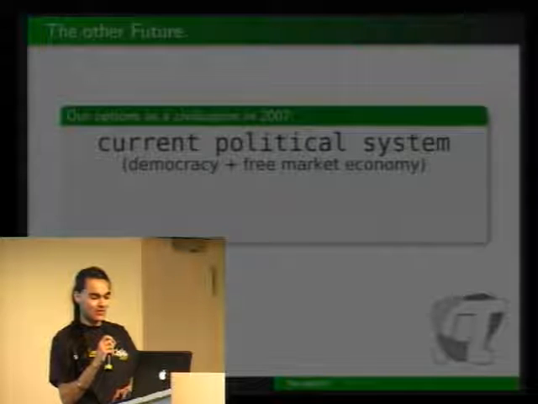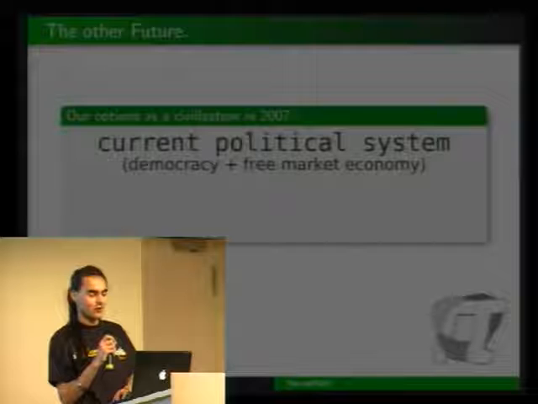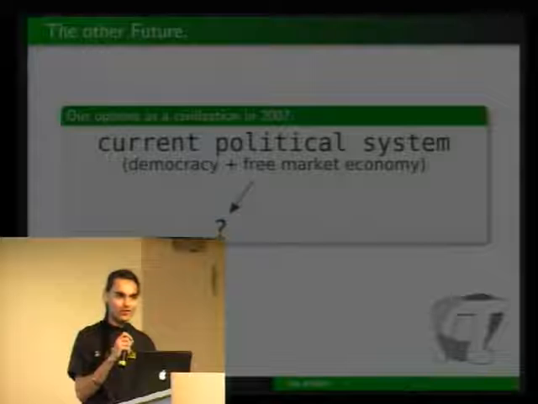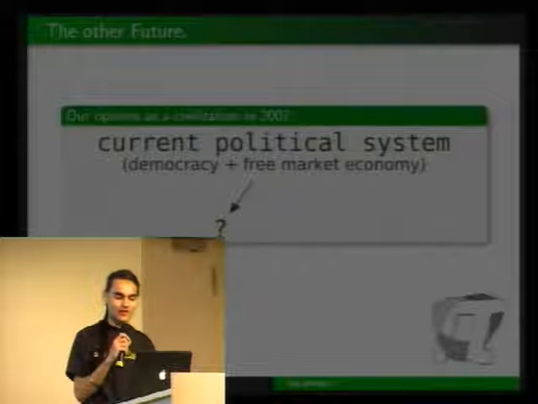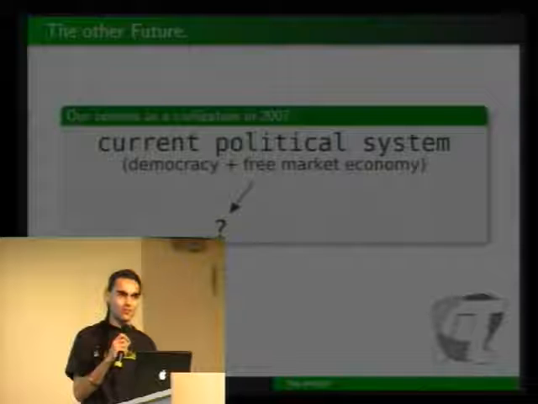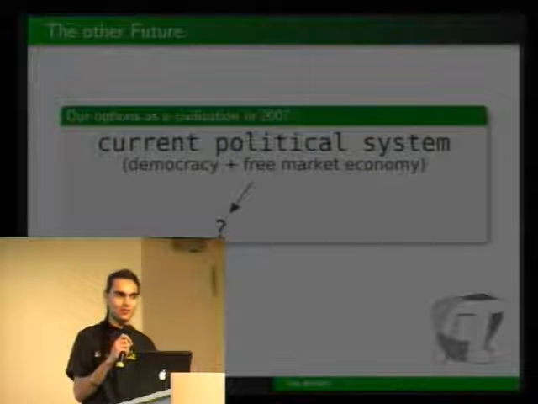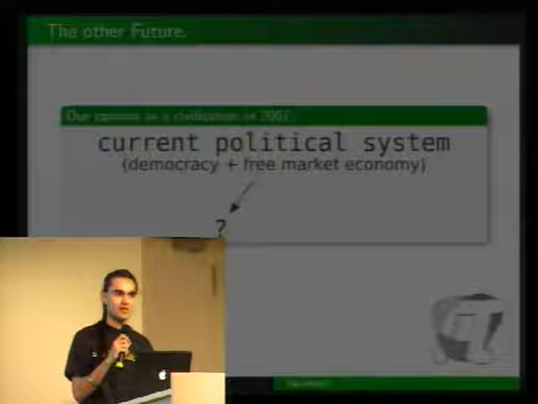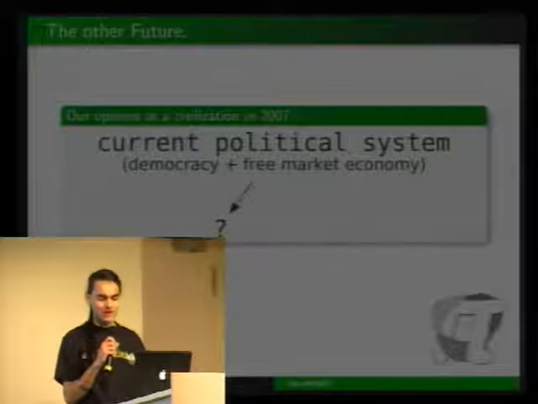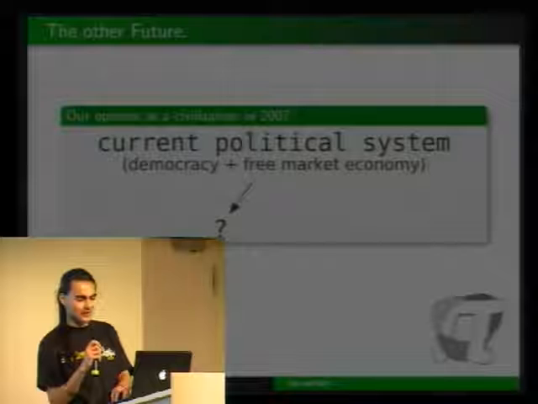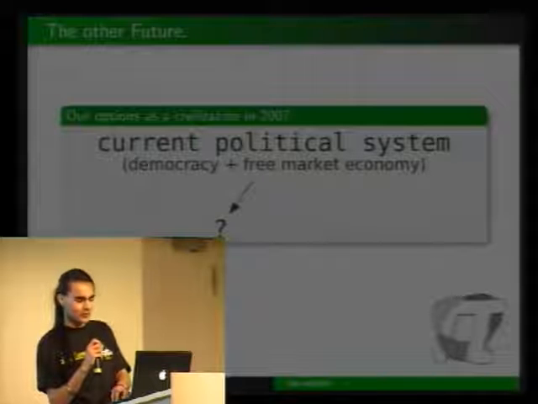So our options right now are: what evolves from the current state, like capitalism plus some years, like the democratization movement the US has started successfully in Iraq and stuff, you know what I mean.